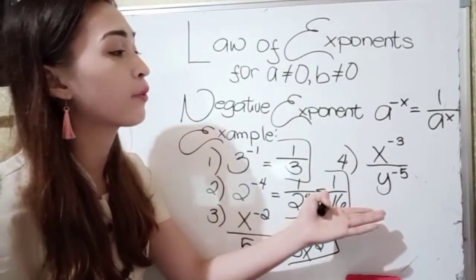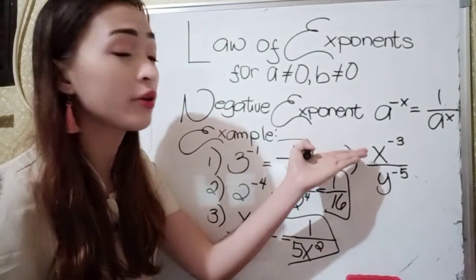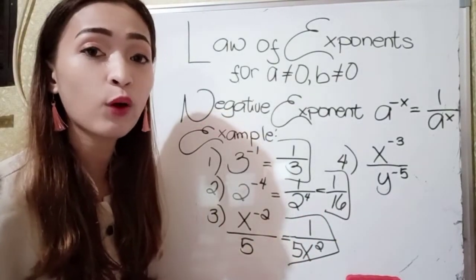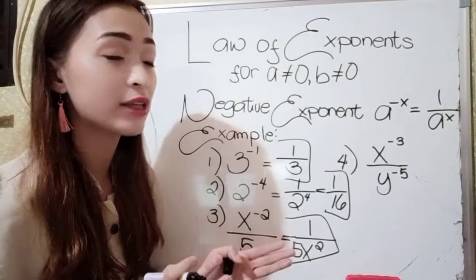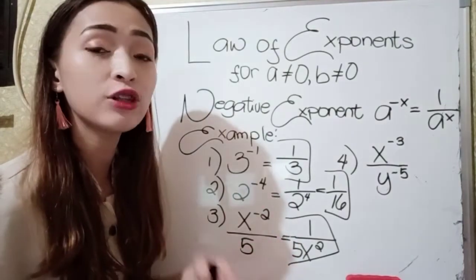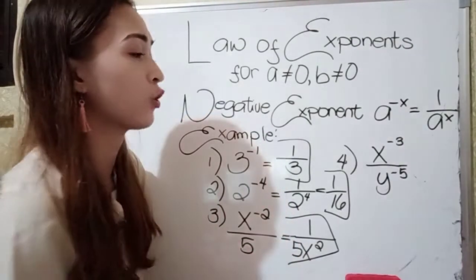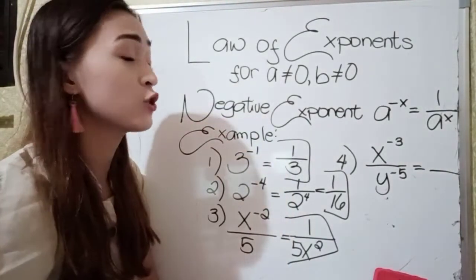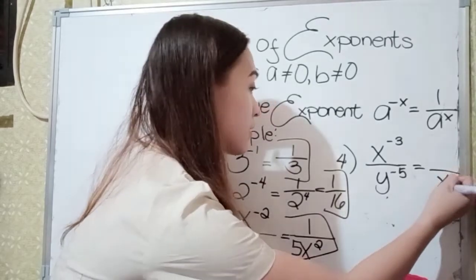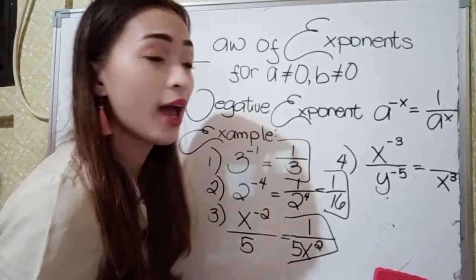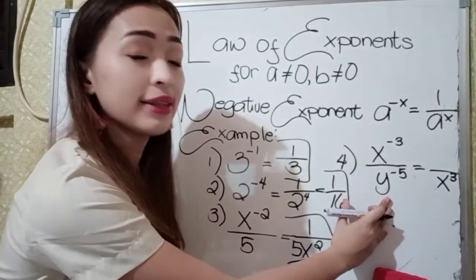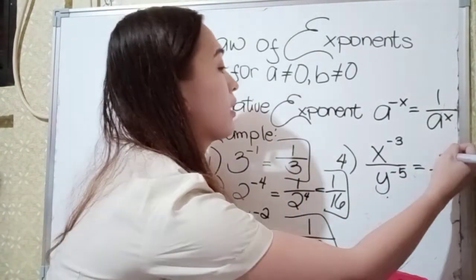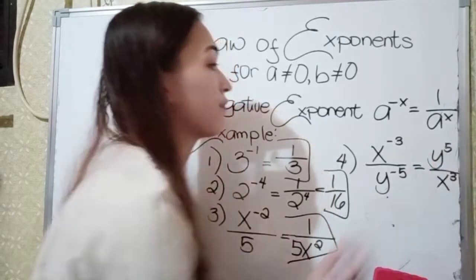That's why only the numerator gets the reciprocal. And here in number 4, since our numerator and denominator both have negative exponents, we will get the reciprocal of both the numerator and the denominator. So the reciprocal of x raised to negative 3 becomes x raised to 3, and the reciprocal of y raised to negative 5 becomes y raised to 5.